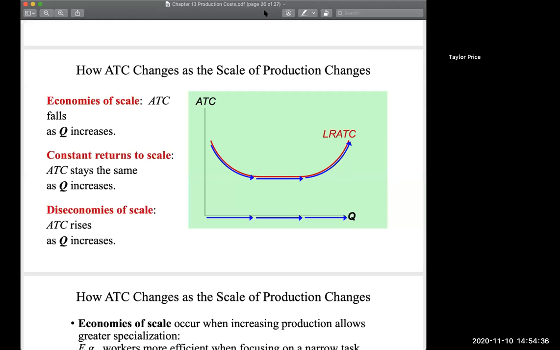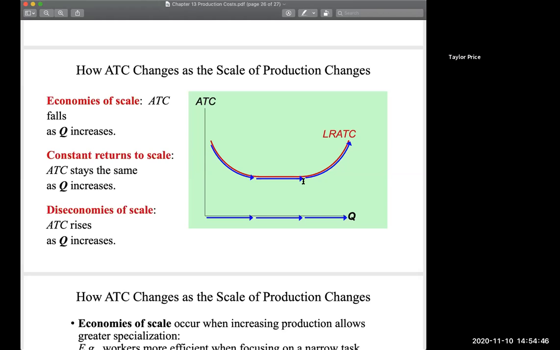Let me share my screen so you all can see the graph that I'm looking at. Okay. So basically what you're talking about with diseconomies of scale is that the average total cost curve is rising.